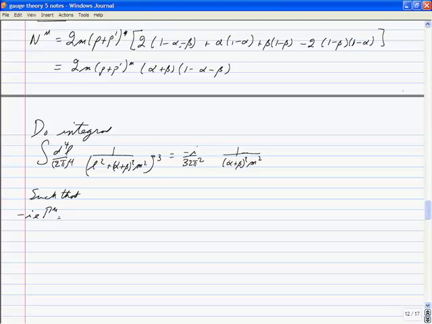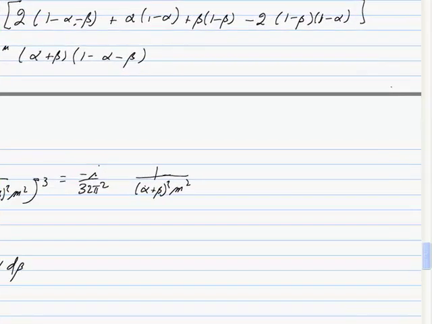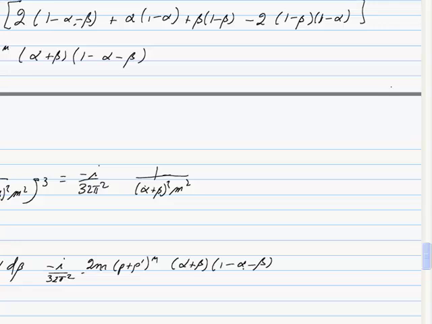Such that minus i e gamma mu, well, I collected a minus 2e squared from before, the integral d alpha d beta over the triangle, minus i 32 pi squared over, let's see, 2m (p plus p prime) mu, alpha plus beta, 1 minus alpha minus beta, alpha plus beta squared, m squared.